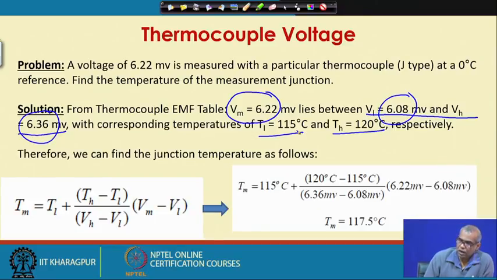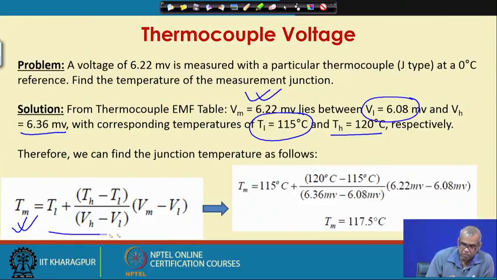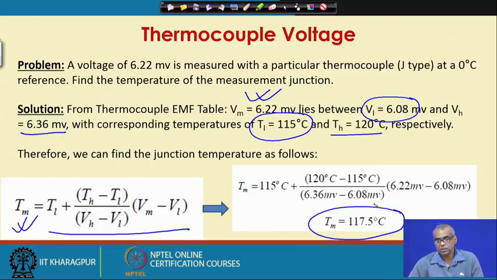So, once I know Vh and the corresponding Th, I know Vl and the corresponding Tl, I can find out Tm corresponding to Vm using the interpolation formula, and I find that the measuring junction temperature is 117.5 degree Celsius. Note that this has to be in between Th and Tl, and that is also the case.